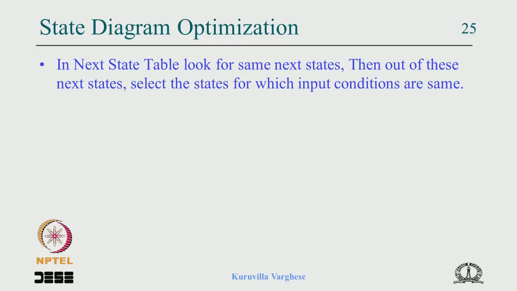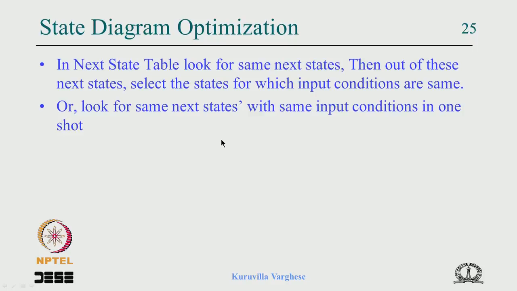Let us state that. In the next state table, look for the same next state, where all the next states are similar. Then out of these, select the states which have the same input condition. So pick up all that, look at the input condition, and wherever the input conditions are the same, you pick up the present state.